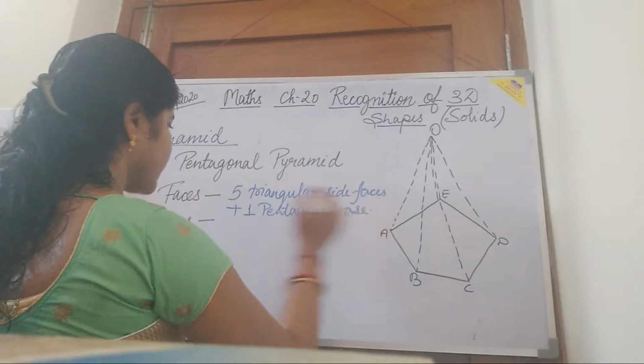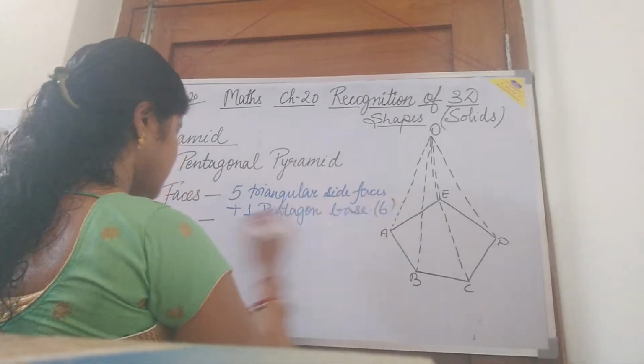So total faces, you are going to write it as 5 plus 1, 6 faces.